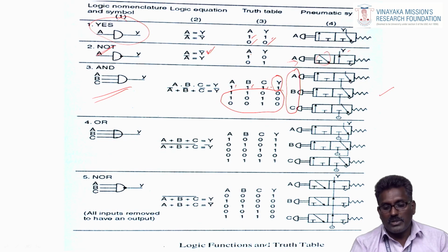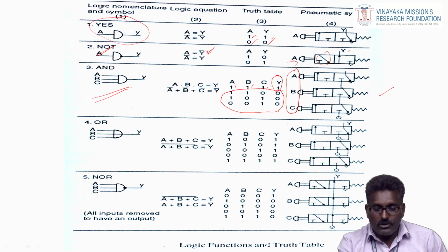If any one of the inputs is not there, there is no output. It is given in this truth table. So it is the AND logic.